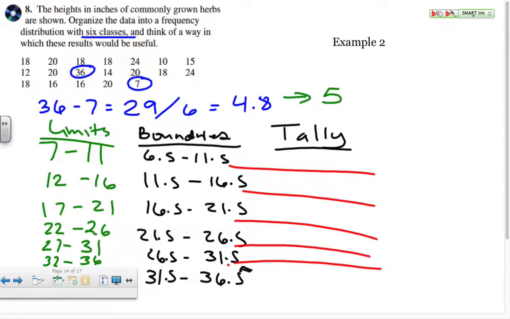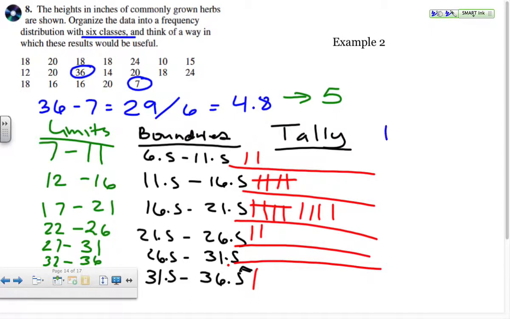So 18 follows here, 20, 18, 18, 24, 10, 15, 12, 20, 36, 14, 20, 18, 24, 18, 16, 16, 20, and 7. That's my tally marks.